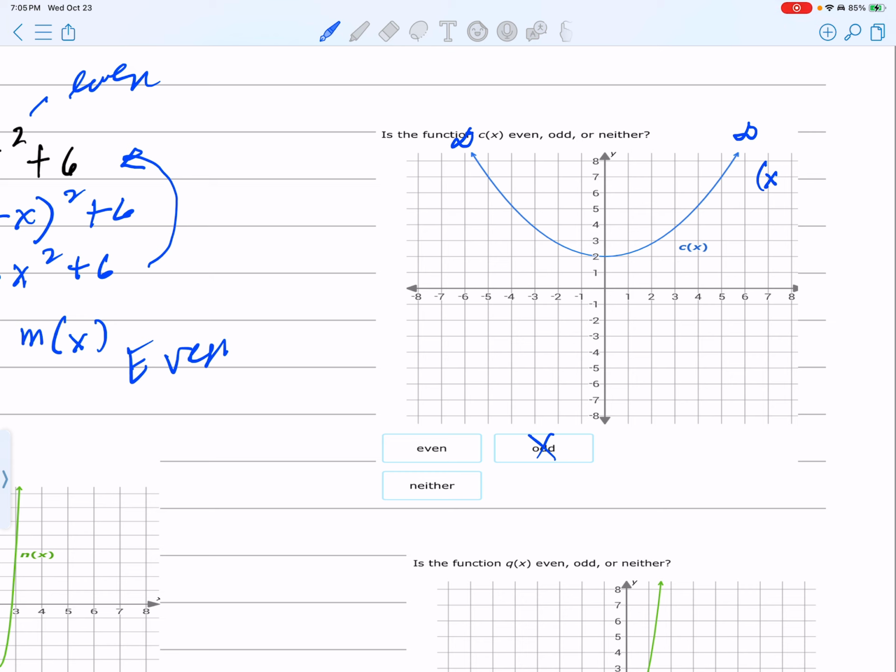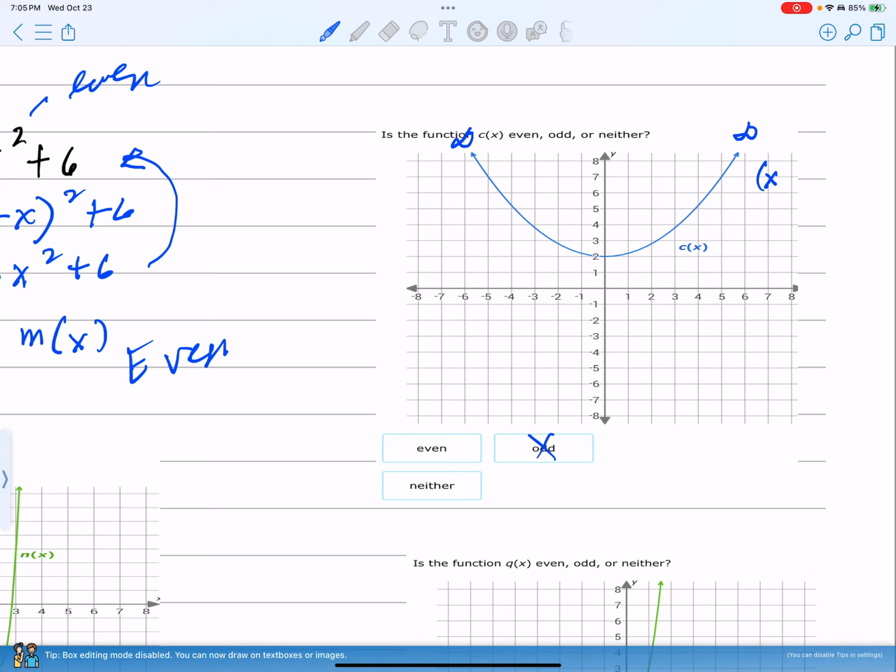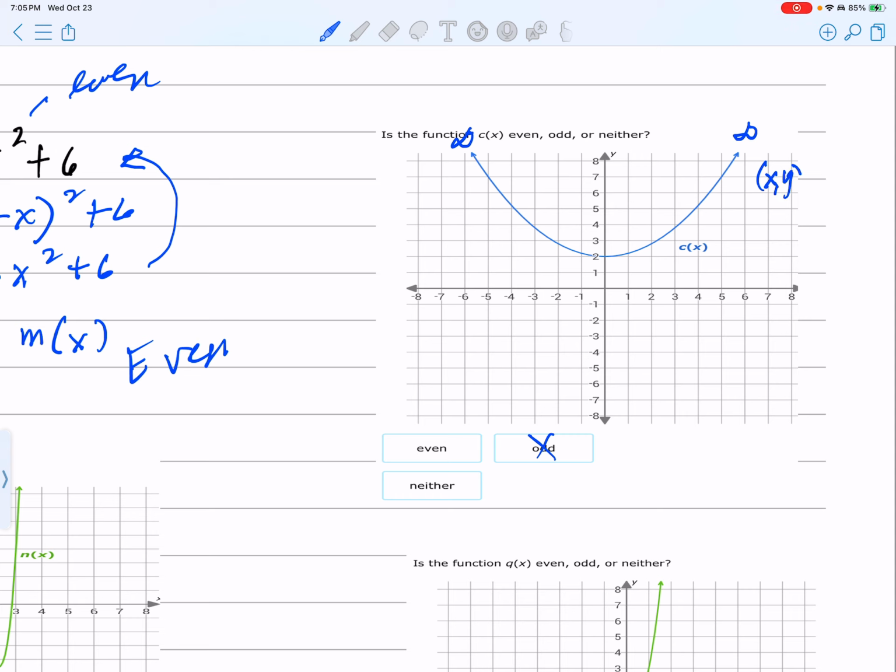when it's even, it is symmetrical to the y-axis. So x and y should map to a negative x and positive y. That means if I choose some point here, let's say the coordinate is 3, 4, and I choose the one on the opposite side, the coordinate is negative 3, 4.